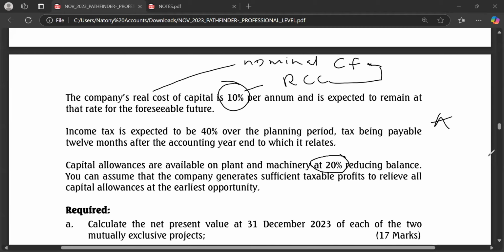You can assume that the company generates sufficient taxable profits to relieve all capital allowances at the earliest opportunity. Okay, at the earliest opportunity. So let's dive into the solution of this question.